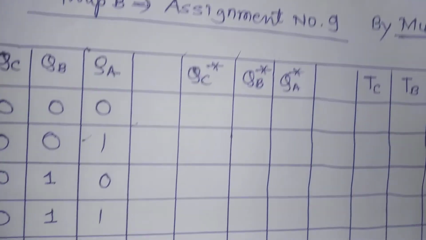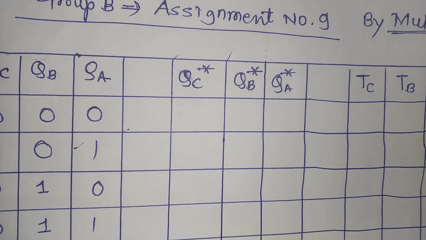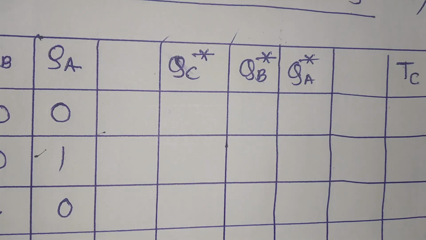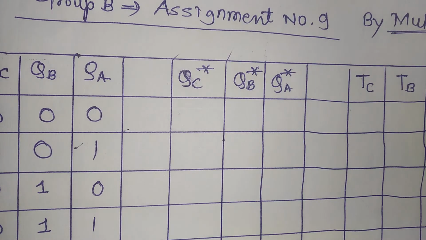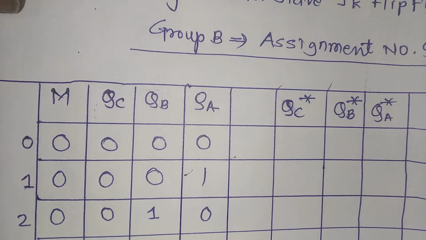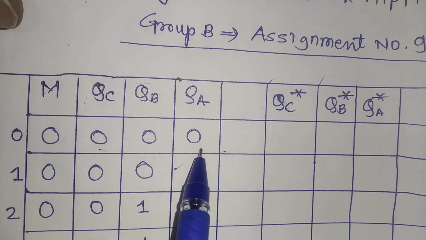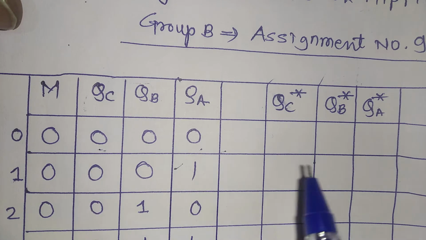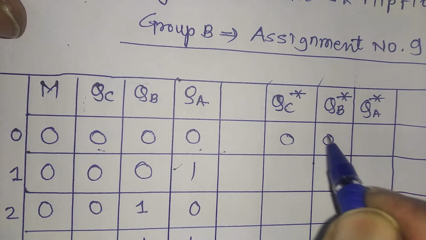So, in this case we have M equal to 0, state number 1, that is 0, next state would be 0 0 1.